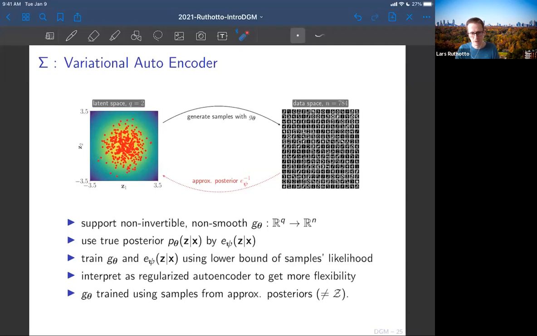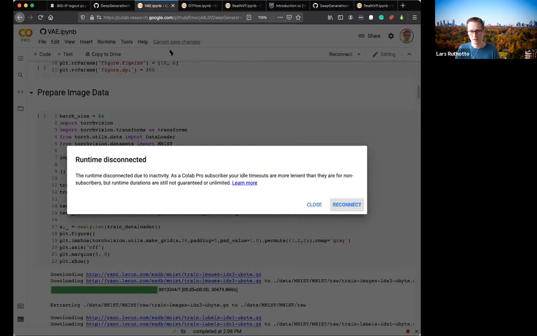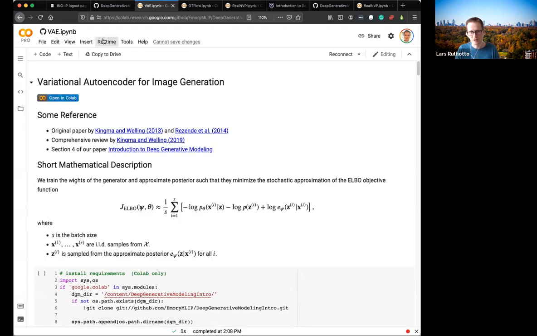I want to show you the notebook real quick, to make one comment about it. So now you should see my browser. If you go to this VAE notebook, which I encourage you to do, since we're looking at convolutional neural networks, you don't get anywhere without the GPU.